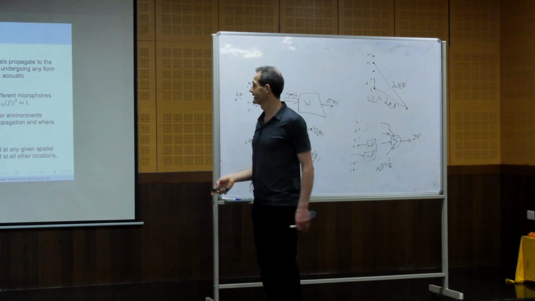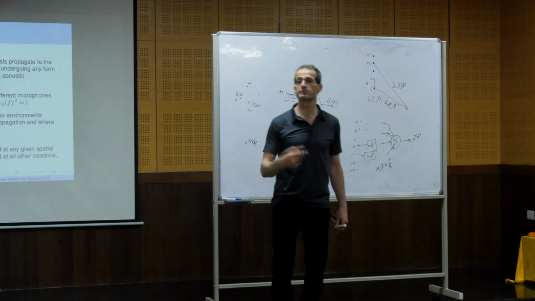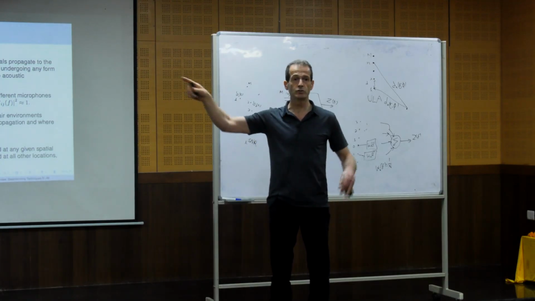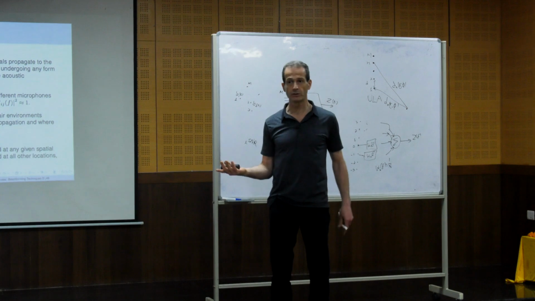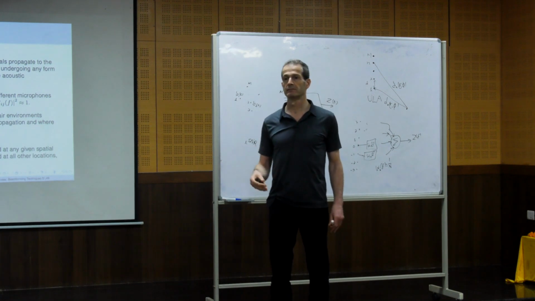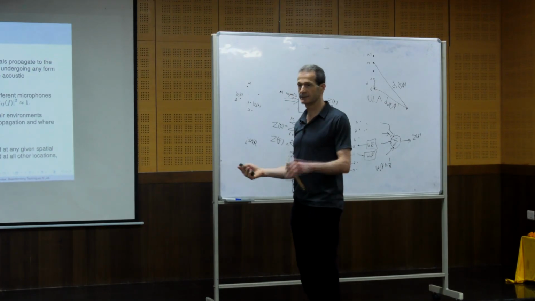This is called an incoherent noise field. We can also call it spatially white, because at any two points where you measure the noise, it's independent. So spatially white or incoherent, same.